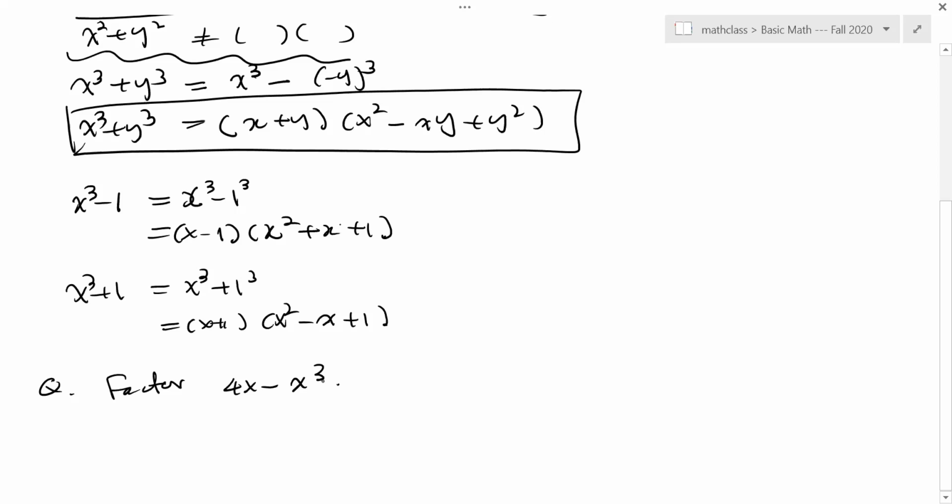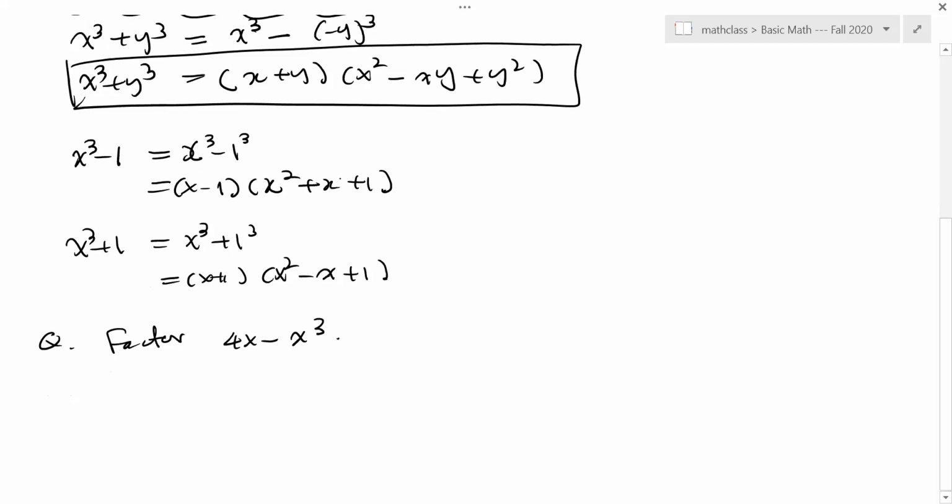All right, so step one, there's a common factor. 4 times x, and x cubed is x squared times x, so x is a common factor. So you take x out, and now you have 4 minus x squared.